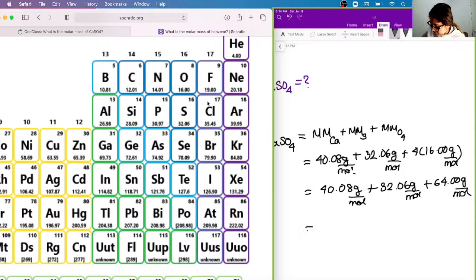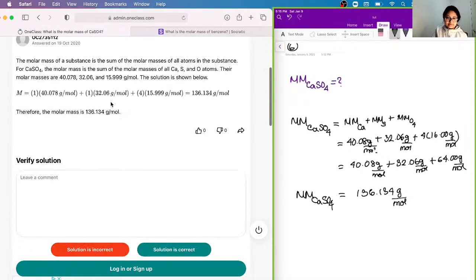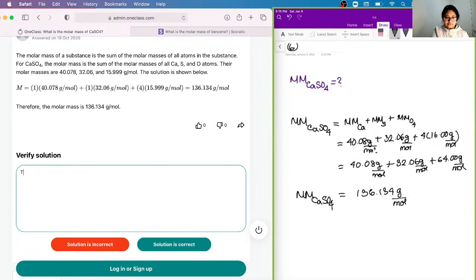If you add these three numbers together, we have 136.134 grams. And so the molar mass of calcium sulfate is 136.134 grams per mole. This is what we've got.